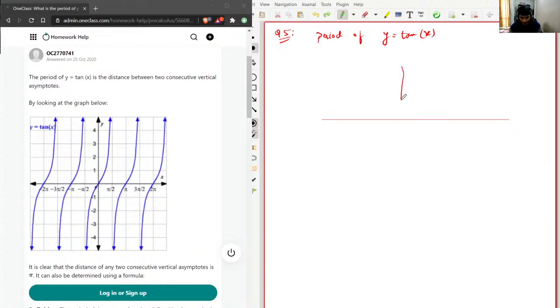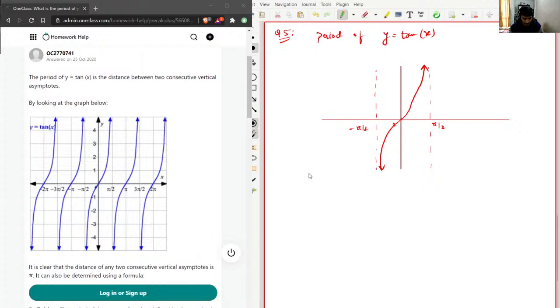Let's say this is my asymptote, and this is another one, and this is 0, this is pi over 2, this is negative pi over 2, and the graph goes something like this, and it will go something like this.